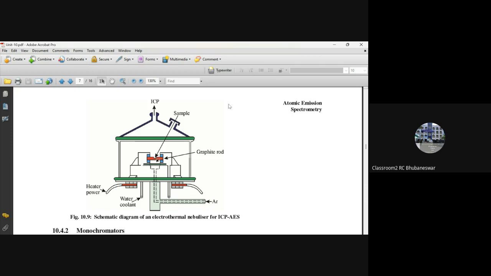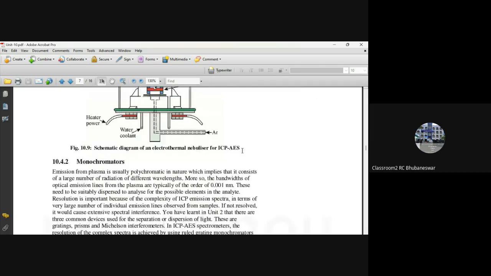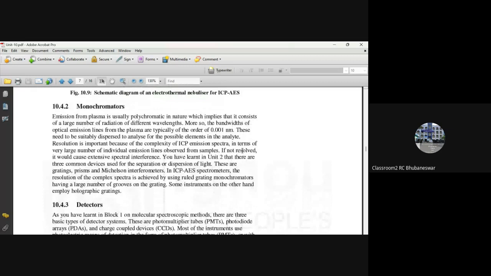Then automatically your system is such that argon flow will be there, then atomization, and the plasma will get created. Then you have the monochromator. Emission from the plasma is usually polychromatic in nature, which implies that it consists of a large number of radiations of different wavelengths.